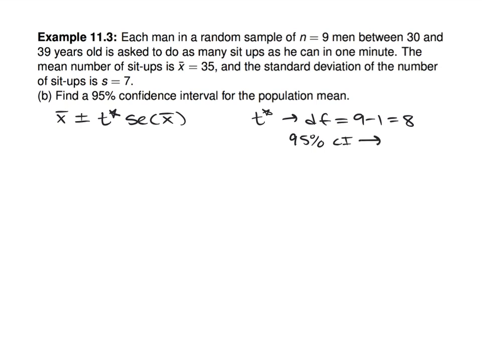Looking at your table, degrees of freedom is 8, 95% confidence. The multiplier is t star equals 2.31.